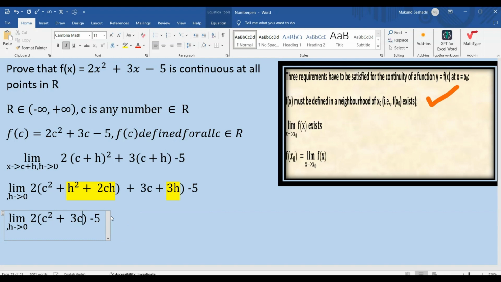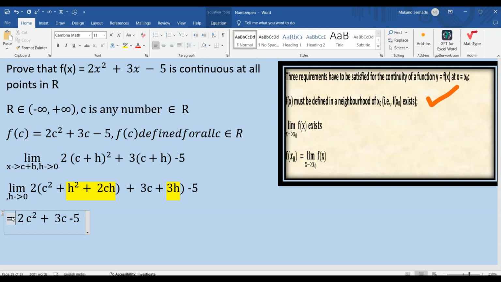And so what do I get? 2c square plus 3c minus 5 is what I'll be left with, right? So once you do a substitution of h equals 0, you arrive at the limit.